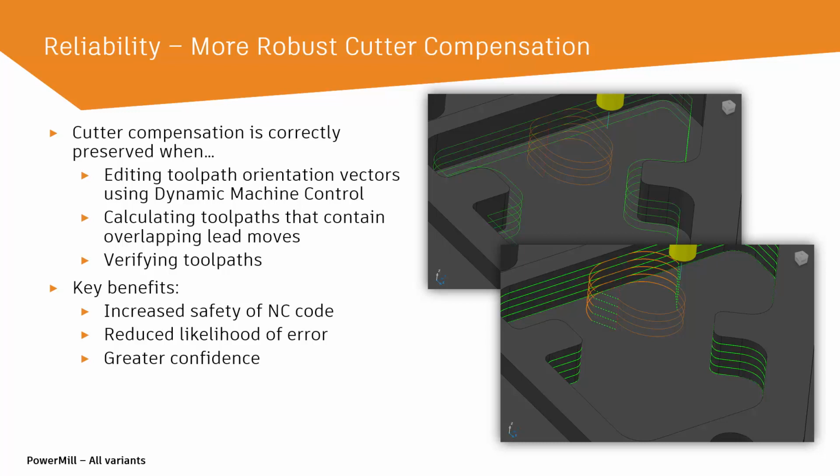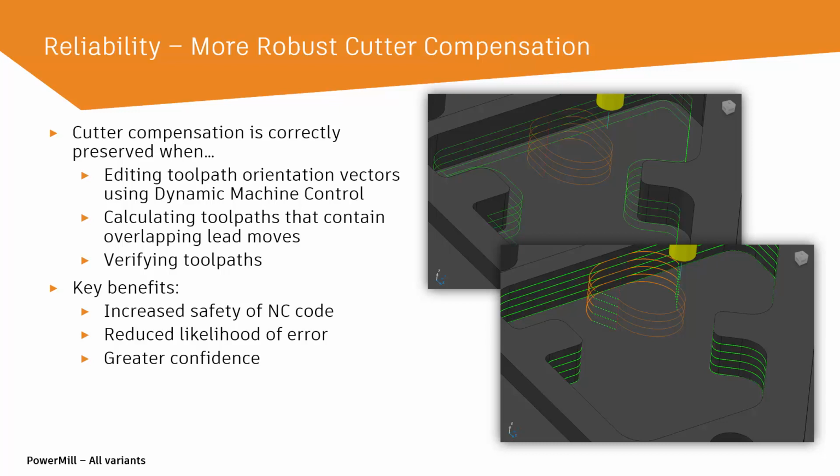And the third and final area where compensation data could be lost, but is now preserved, is when you are verifying toolpaths. Obviously, that is a major benefit for anybody that's looking to use compensation on their 2D machining strategies. Benefits are obvious. Now we're able to output NC programs with compensation data switched on and off as expected.